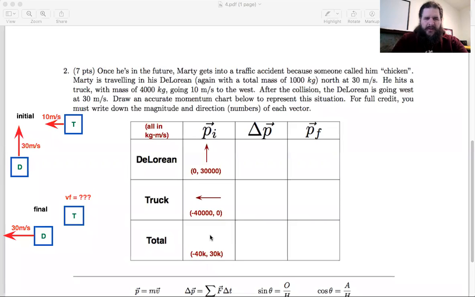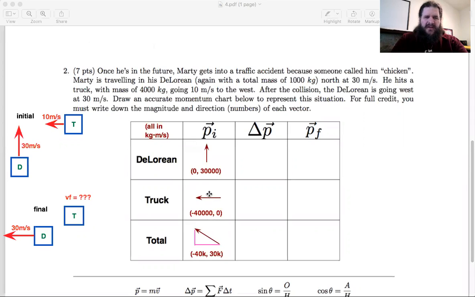We know it's 40,000 in the negative x direction, that is to the west, plus 30,000 in the positive y direction to the north. So the actual momentum vector is going to be this diagonal.